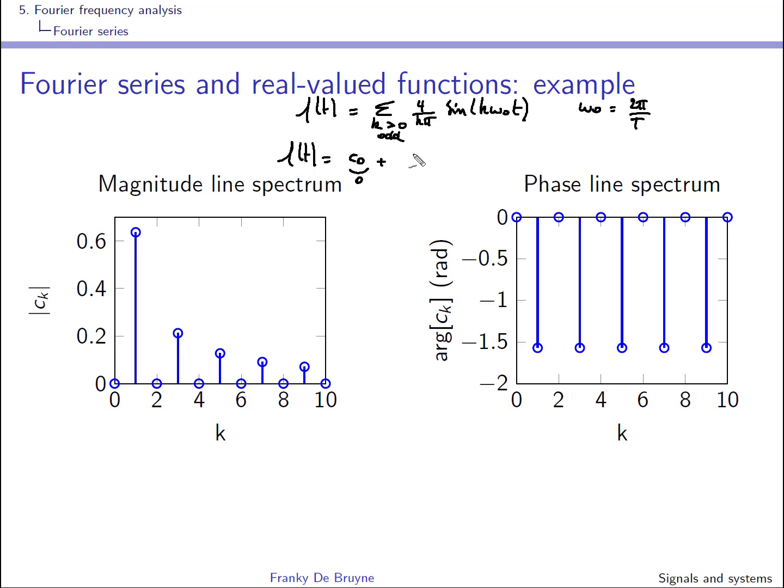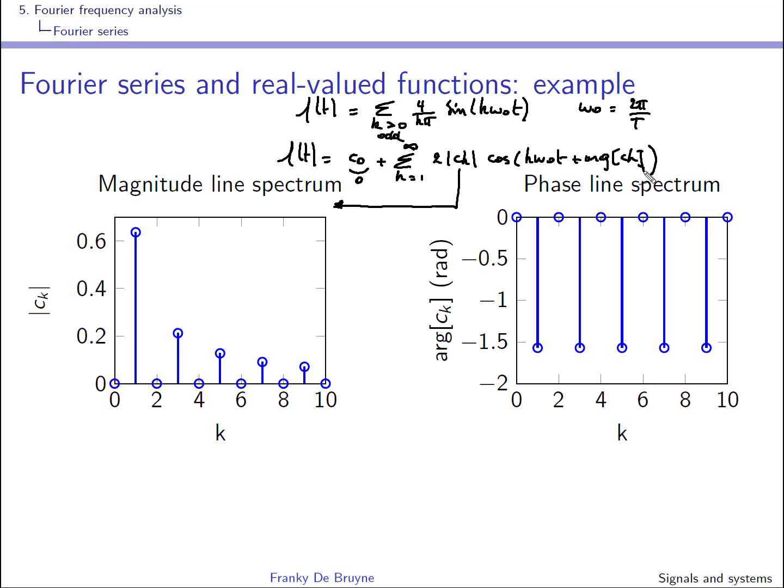And we had a sum, k equal to 1 to infinity, of 2 times the modulus of ck, and the modulus of ck can be found in the magnitude line spectrum, times a cosine of k omega 0 t plus the argument of ck.